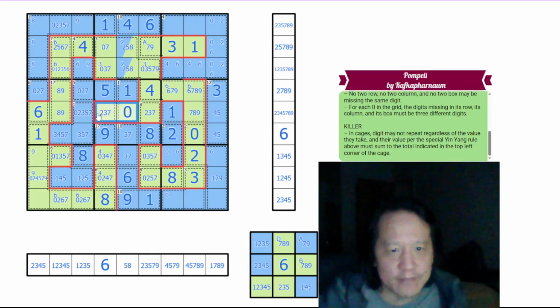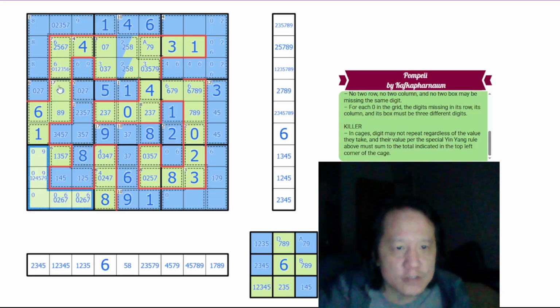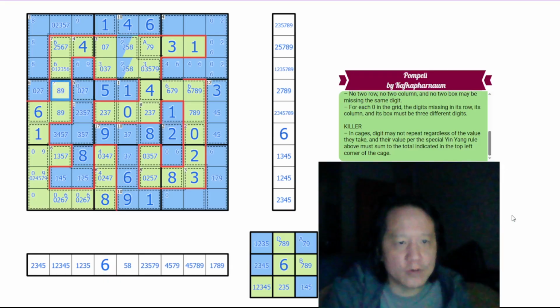This is so convoluted. Anyways, 0 cannot be here. We are missing a 0 in this cage. So this cannot be 0 here. We need to have a 0 in one of these 5 cells. So we have to have a 0 in here or here.